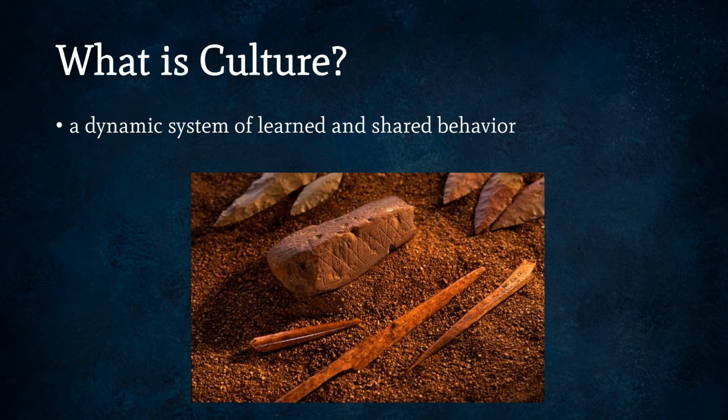Here's another: a dynamic system of learned and shared behavior. When we say learned and shared, we're distinguishing between something that's instinct or something that just one person knows. So one person can't have a culture. Don't forget what I mentioned about societies in an earlier segment of this lesson.